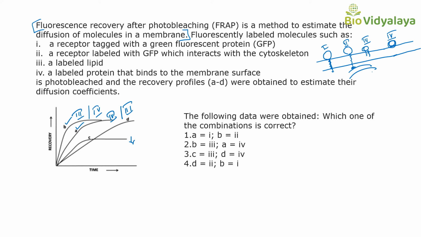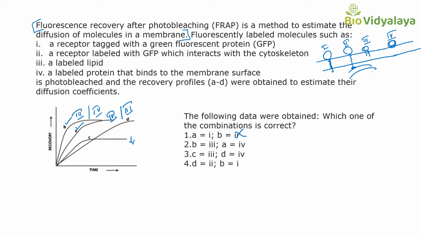And see the options then. Let's see where B and A are given. Here A is given 1. 1 is not possible. It may be 4 or 3. Here B is given 2. It is also not possible.